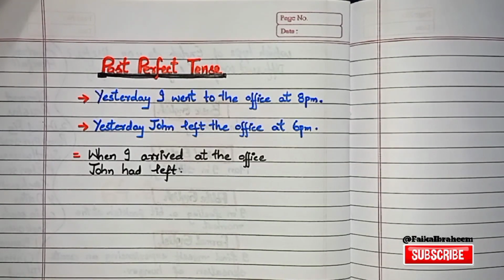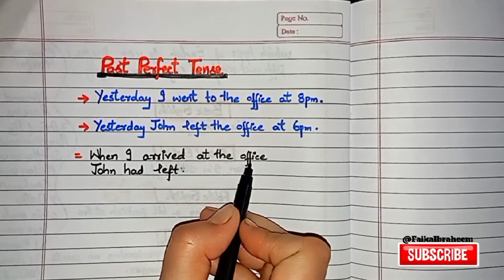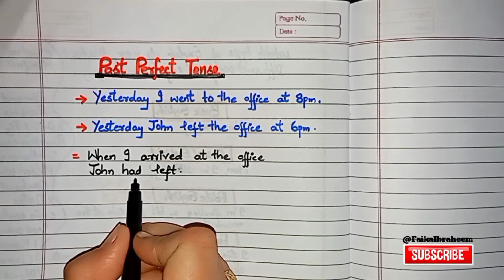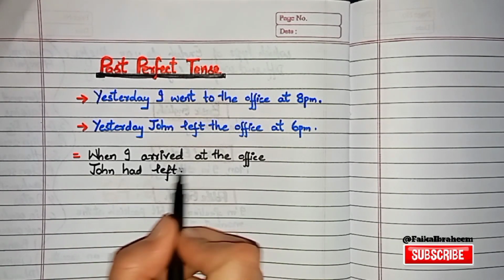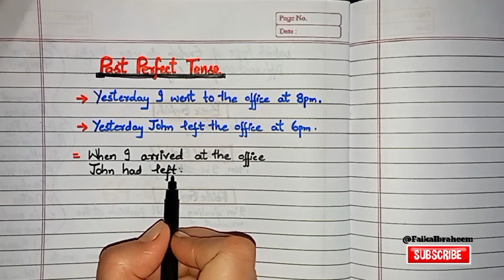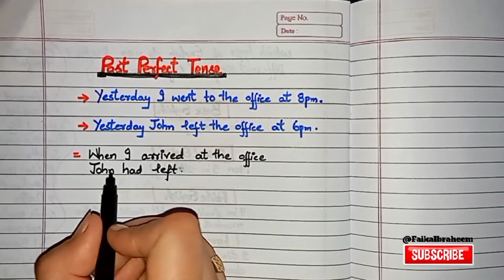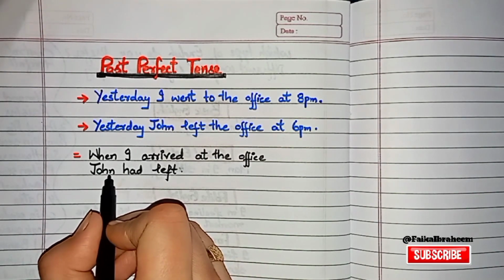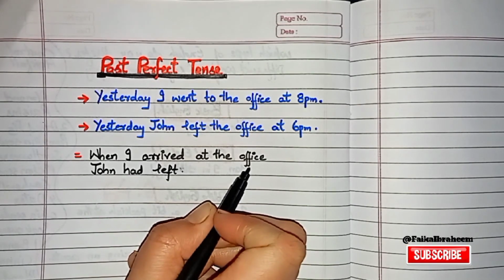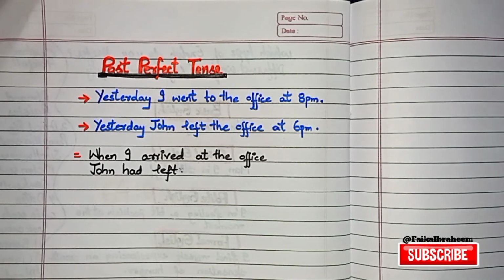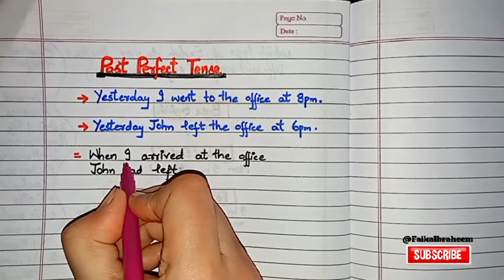Now look at this sentence. When I arrived at the office, John had left. Now, what is this? When I arrived at the office, John had left. Which sentence tense is this?